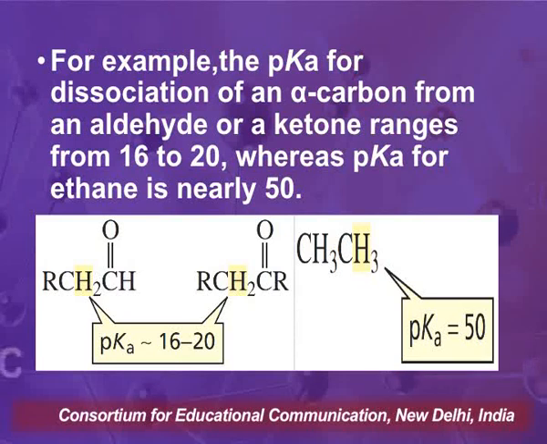As you can see on your screens, the pKa values of aldehydes and ketones are between 16 to 20, whereas the pKa value of ethane is 50, which clearly indicates that the hydrogen of ethane is not acidic in nature.